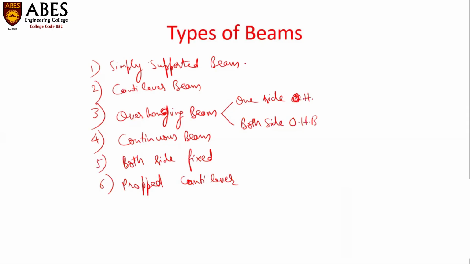In case of simply supported beam, one of the ends of the beam is kept on a roller support and the other one is kept on a hinge support. Or you can say one of the ends is kept on a knife edge support and the other one is kept on a hinge support.